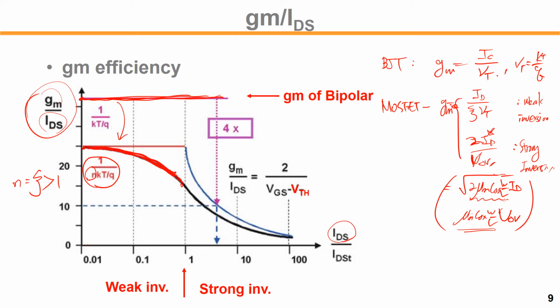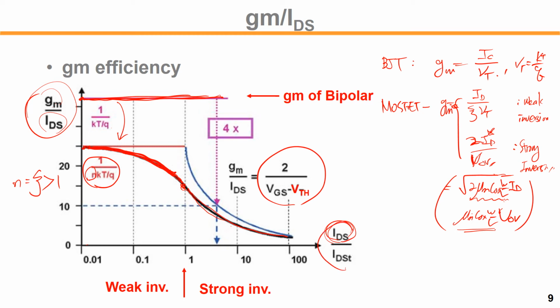In strong inversion it is even smaller, because the equation is given by 2 over the overdrive voltage. As you increase the overdrive voltage, you get more current.